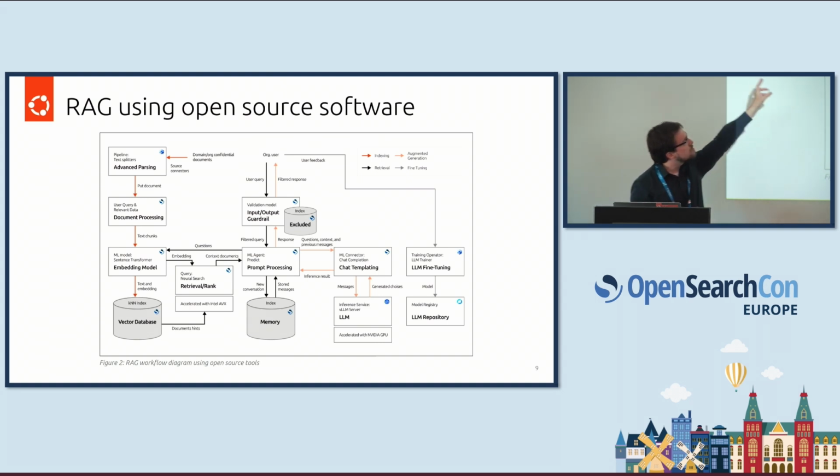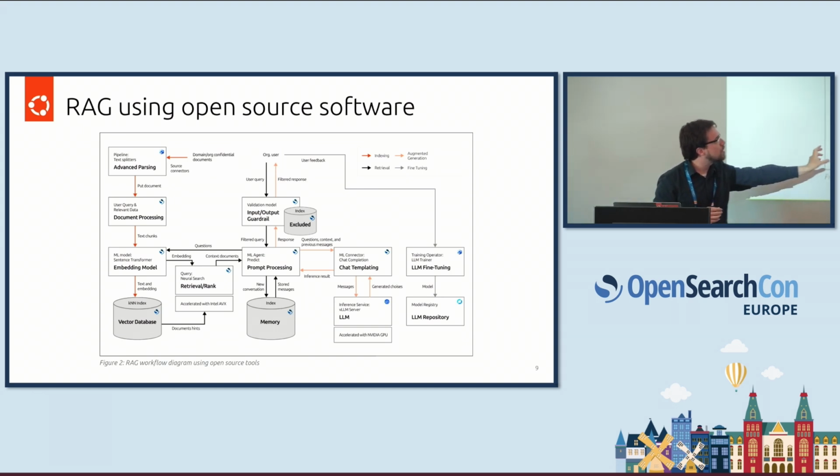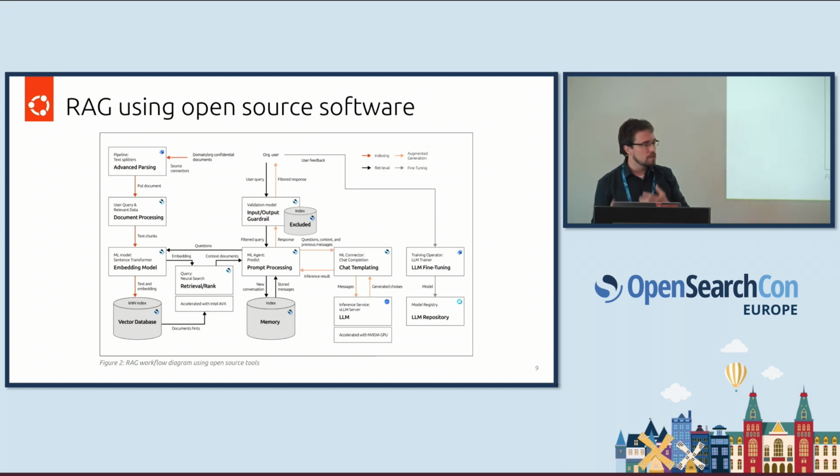Why we decided on OpenSearch is because essentially this whole ingestion pipeline is the core of OpenSearch, right? So we submit all the documents to OpenSearch. It gets embedded using a model, using an ingest pipeline. And we have an embedding model that transforms them into vectors.